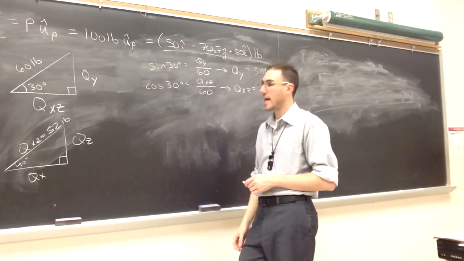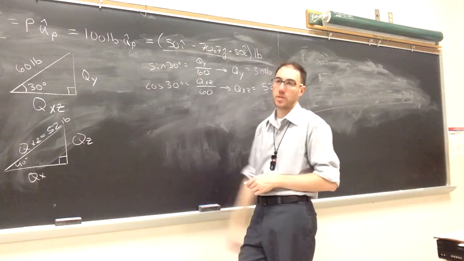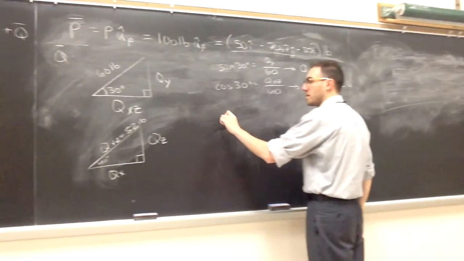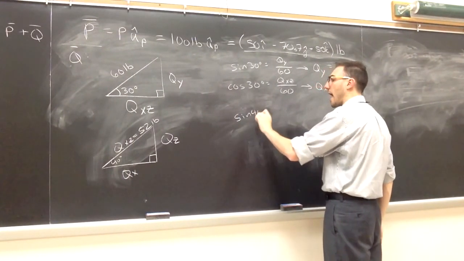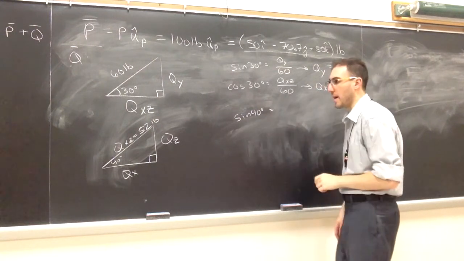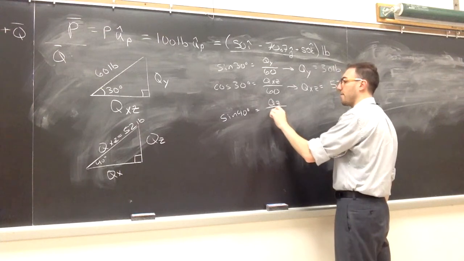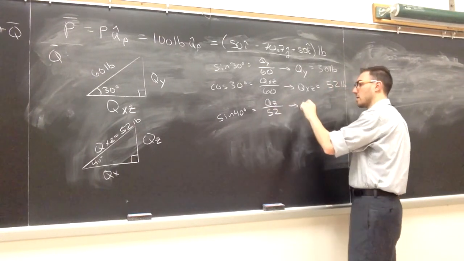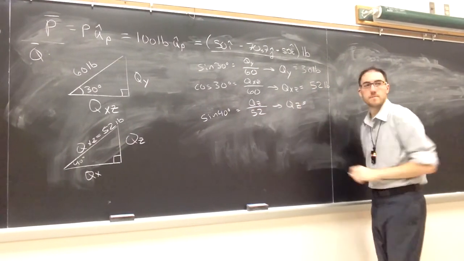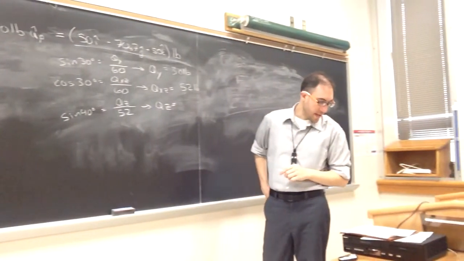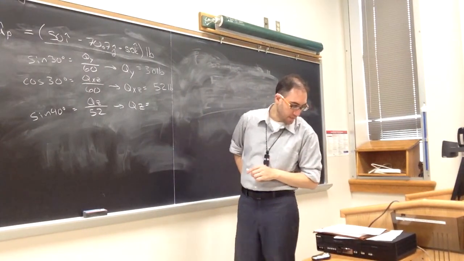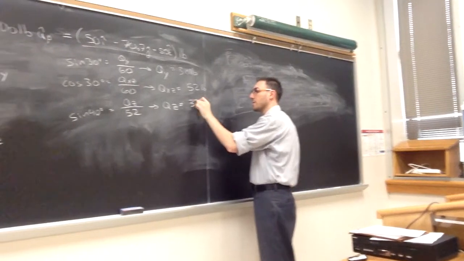So looking at my second triangle, I can find these two legs. Again, if I use sine 40 now, that's going to be my opposite, qz, over my hypotenuse of 52. So the amount in the z direction is going to be 33.4 pounds.